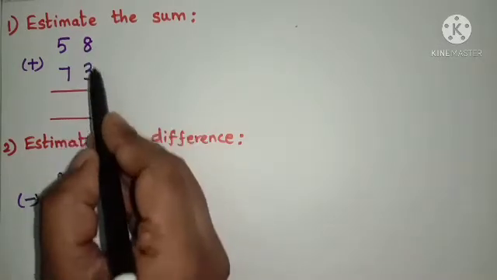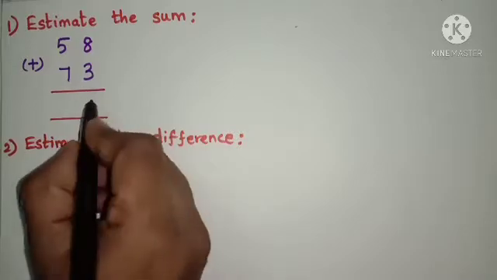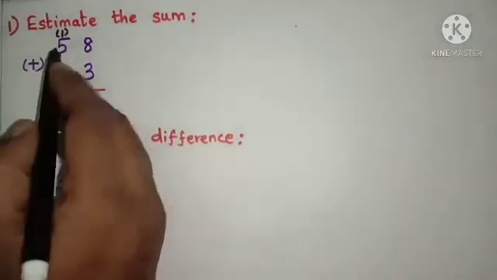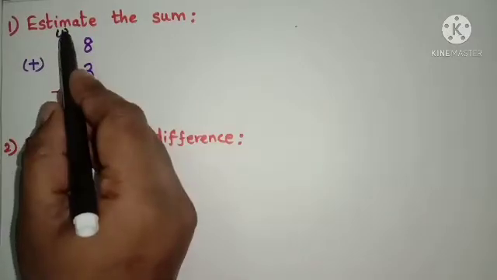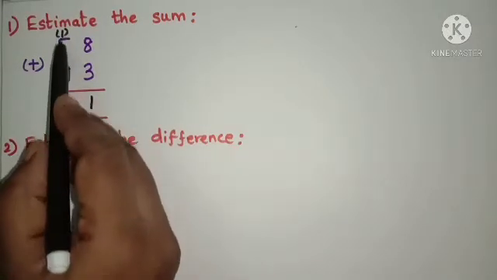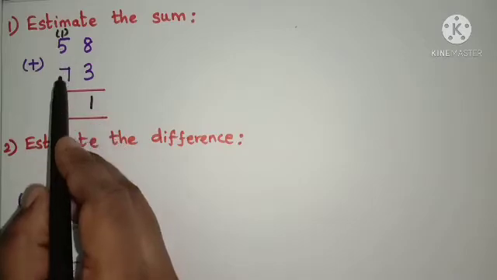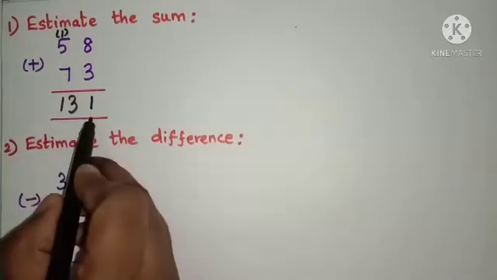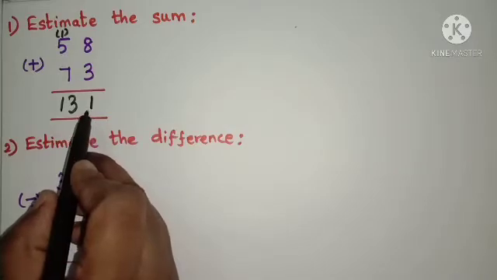We know that 8 plus 3 is 11. Put 1 above 5 and add all these numbers. We get 1 plus 5 is 6, 6 plus 7 is 13. 131 is the actual value.